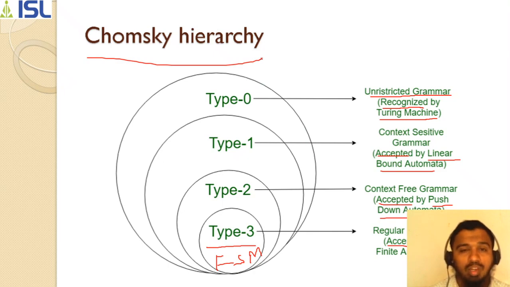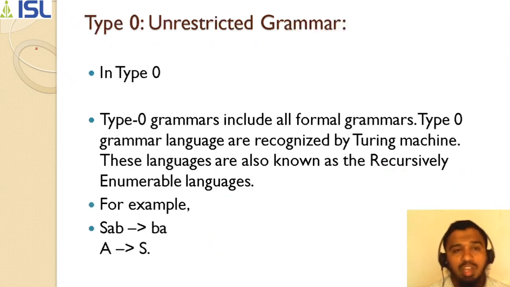So the first one is type 0. What is type 0? Type 0 grammar includes all formal grammars. Type 0 grammar languages are recognized by Turing machine. We are telling recognize, we are not telling accept.